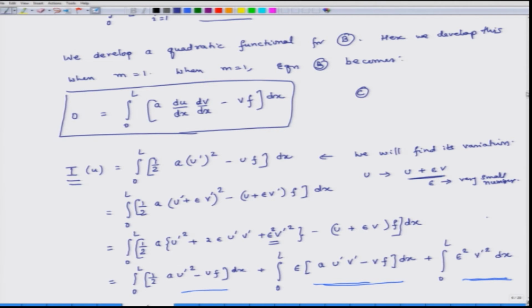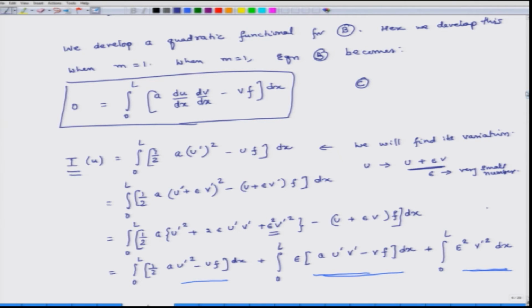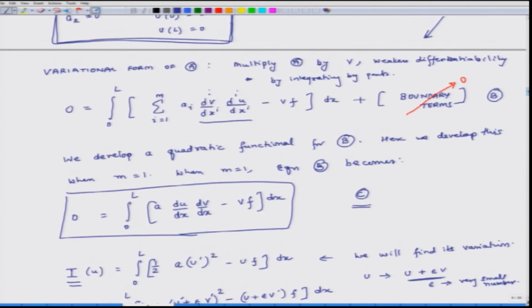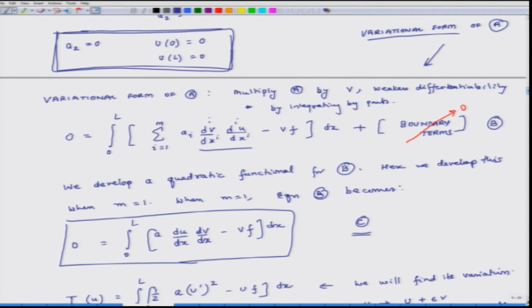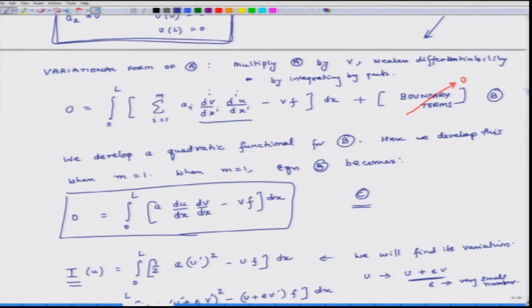Okay. So, first thing we remember is equation C. How did we get this equation C? This equation C came from the differential equation, and then we multiplied it and then found its variation.